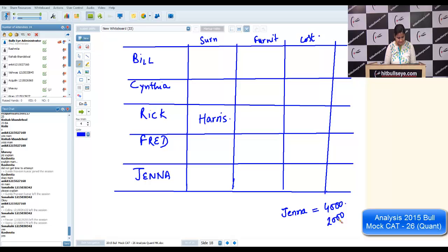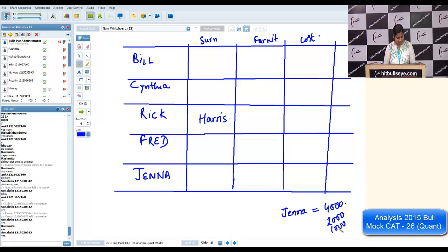And there was one more item in the third statement, 1000 more than the painting one customer bought. That was the third item. So the total cost of three items will be 7000 in this case. What was the total amount spent? It was 10,000. So we are left with the remaining 3000. 3000 can be broken into two parts because we are left with only two furniture pieces.